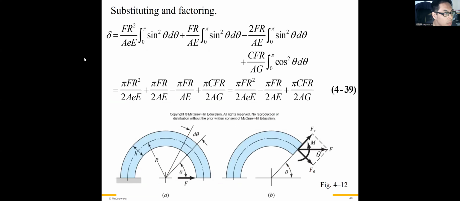So finally we get the deflection of the thick curved beam: first term, second, third, and fourth. So this is the result of the deflection of the curved beam.